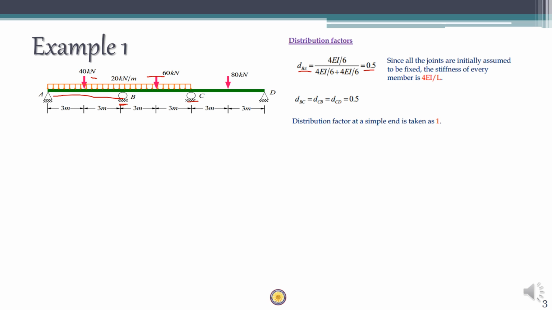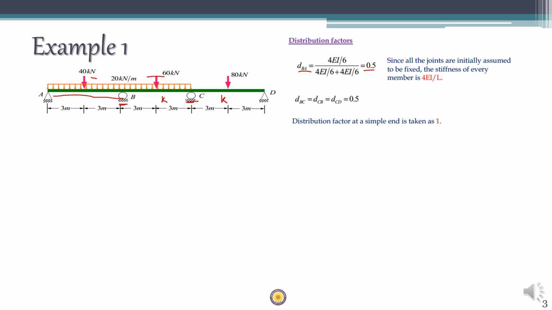Similarly, you can do for joint C also. At joint C, there are two members meeting, which is CB and CD. Both of them are having equal stiffness and equal length. So for this also the value is K, and for this also value of stiffness will be K. So DFCB is equal to K by K plus K, which is 0.5.